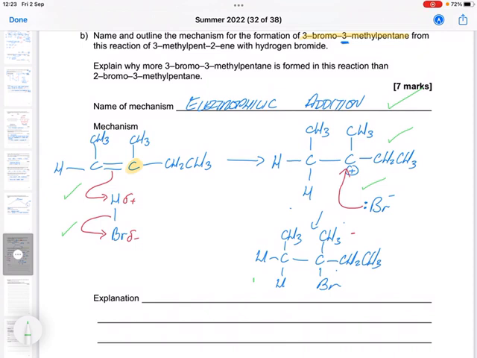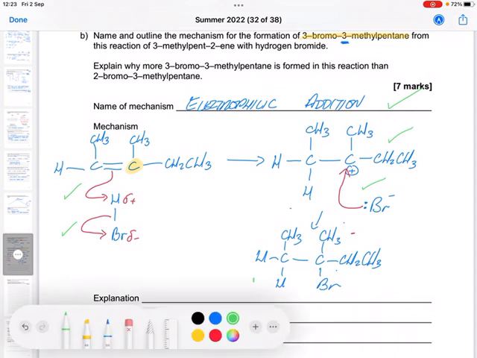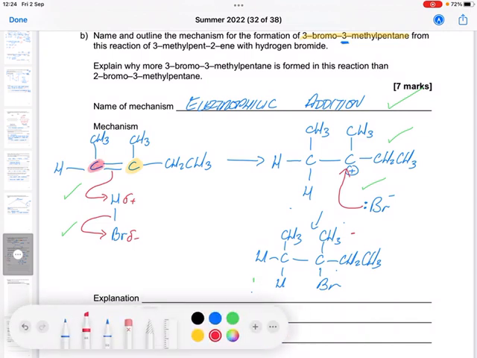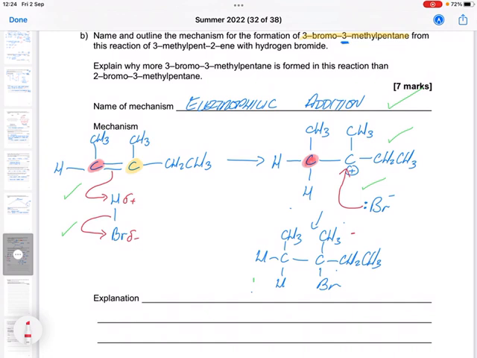So explain why the 3-bromo-3-methylpentane is formed rather than the other one. Right. So we've got to be quite careful here, because if I get the highlighter on, the carbocation would either be where the yellow highlighted carbon is, or the red one there. So let me put the red one over here, okay? And I'll put the yellow one over there as well.